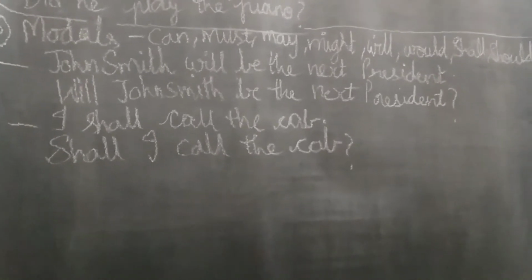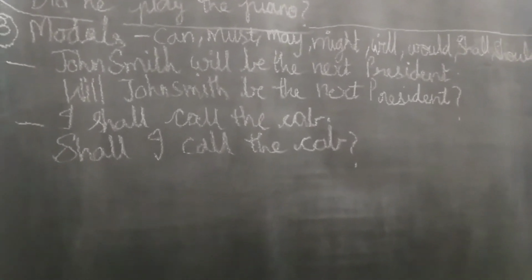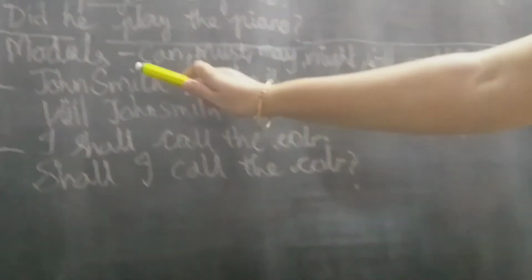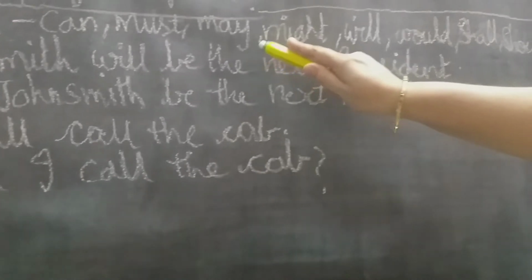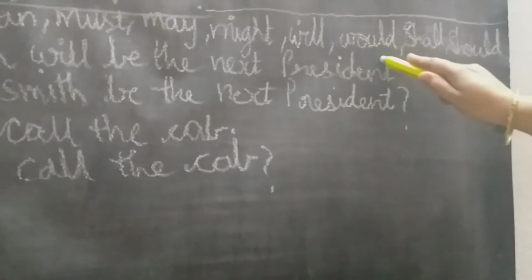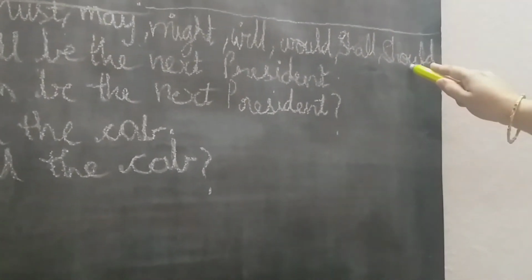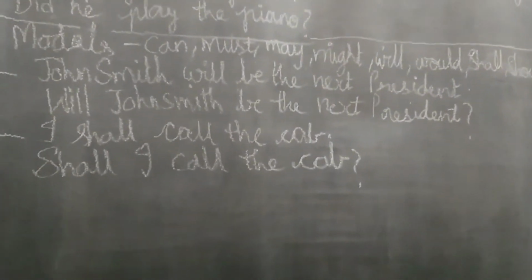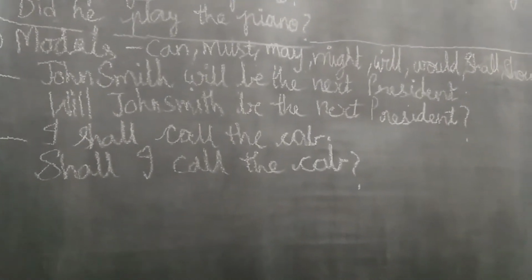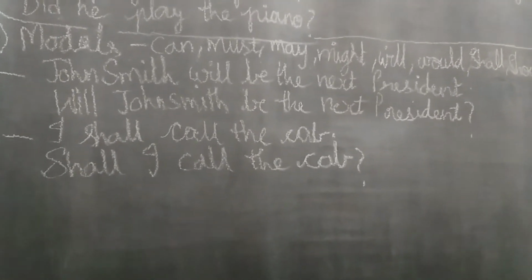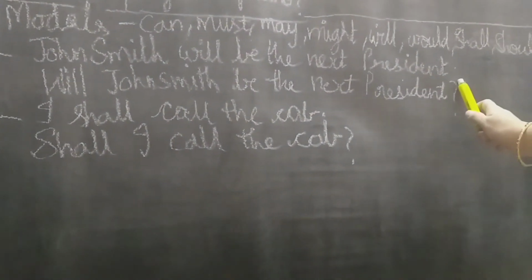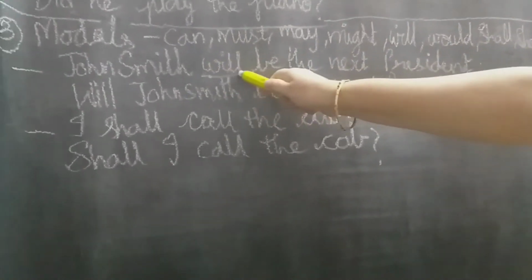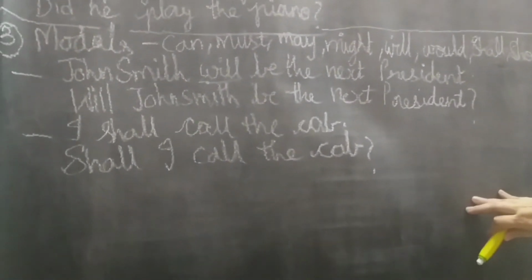For some declarative sentences, we have modal auxiliary verbs. Modal auxiliary verbs are can, must, may, might, will, would, shall, should. If we get these kinds of modal auxiliary verbs in the declarative sentence, how to change it? Let us see. John Smith will be the next president. Here, will is the modal auxiliary verb.